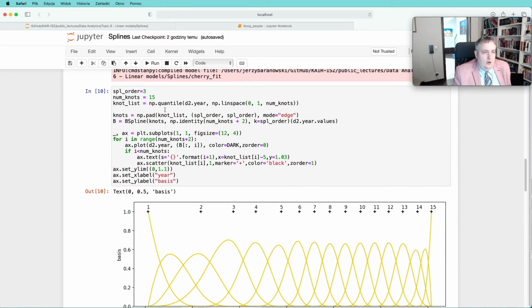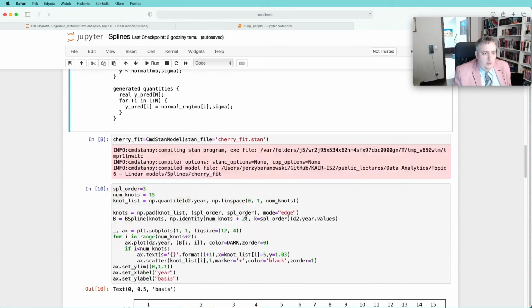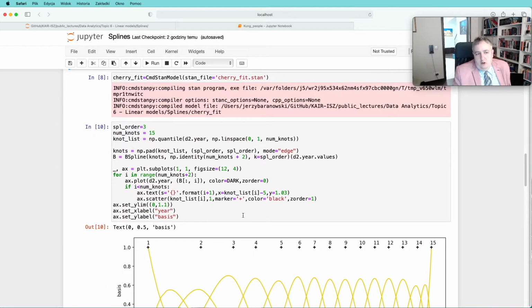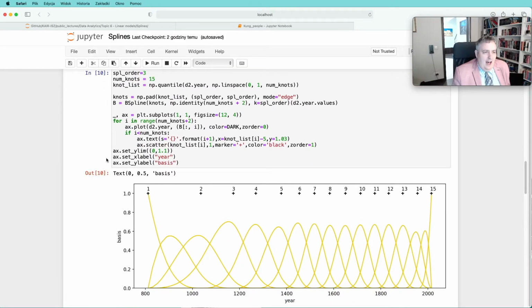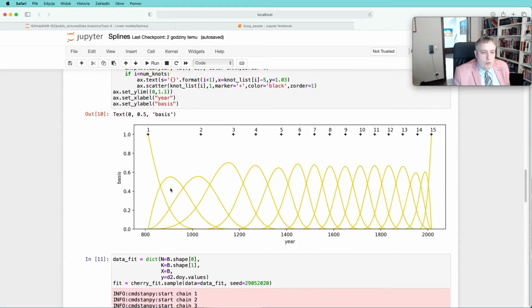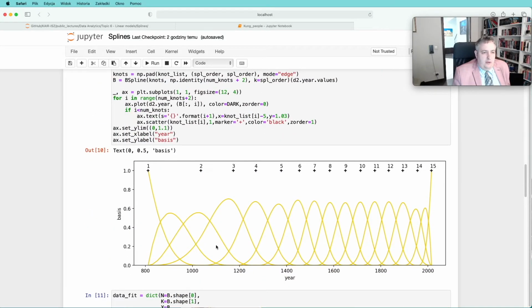We get the quantiles of our data points. As you can see, we have more data points later and fewer data points here. We consider 15 knots over the entire 1,000 year period, and we are assigning appropriate values here.